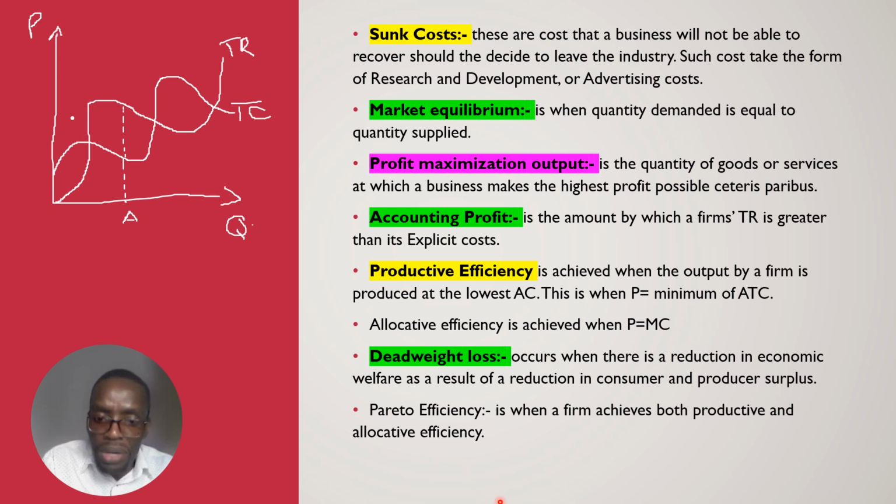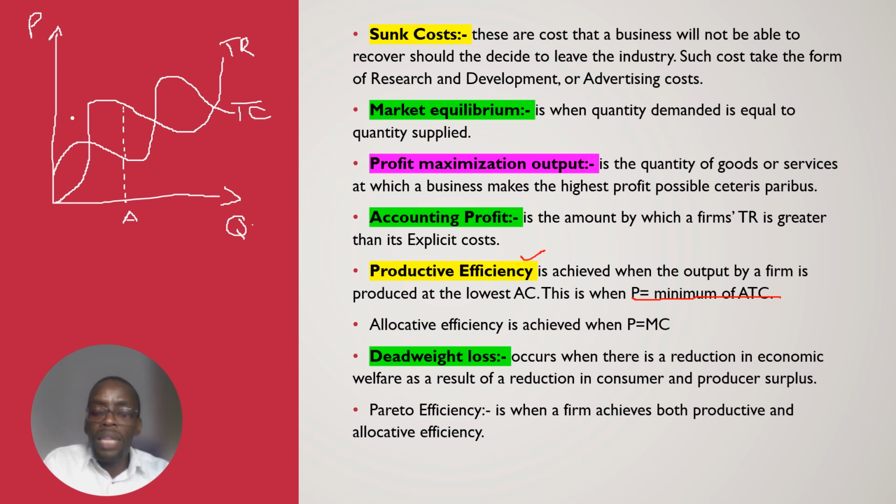In other words, at the point at which price is equal to the minimum of average total cost, we say that is the point of productive efficiency. This is very important, and we are going to be looking at it again in the coming videos.